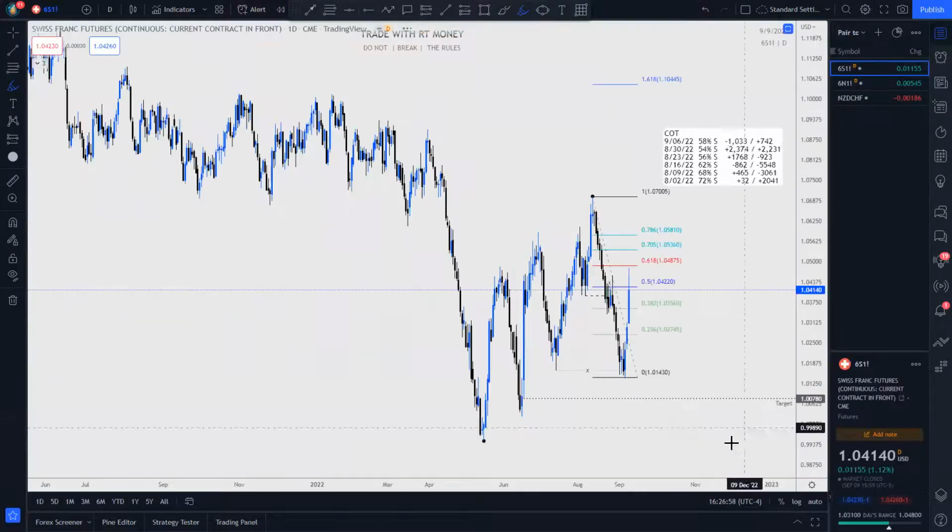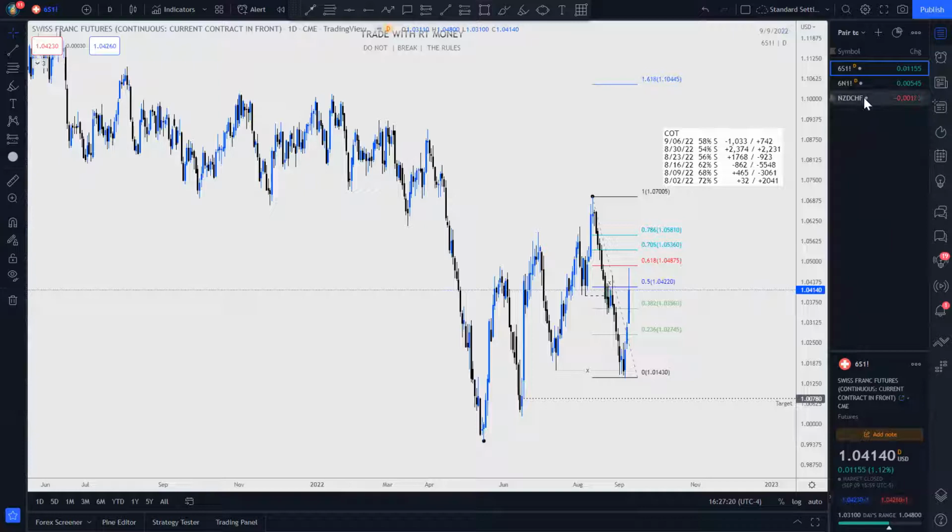And I didn't mention that I had a target for the Swiss franc at 1.0078. I'm looking to see if that gets hit. Maybe not next week, but I'm thinking that it has a good shot to get hit next week.